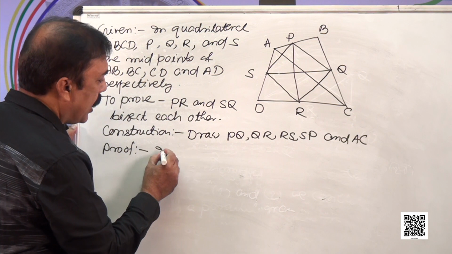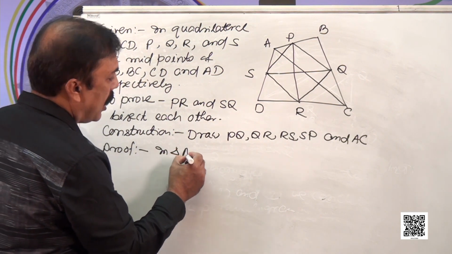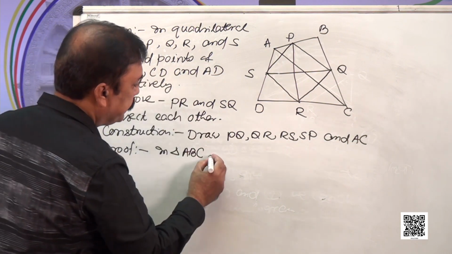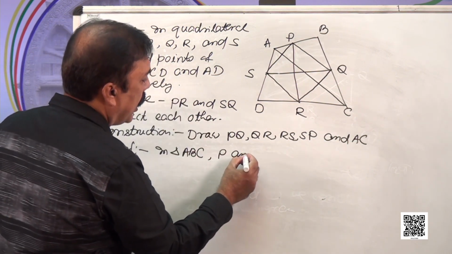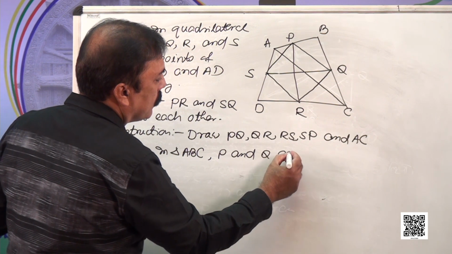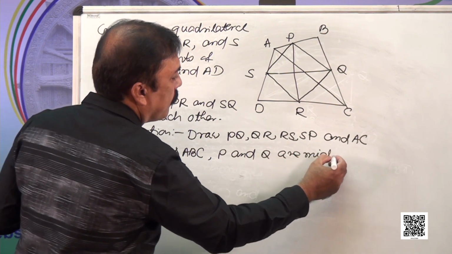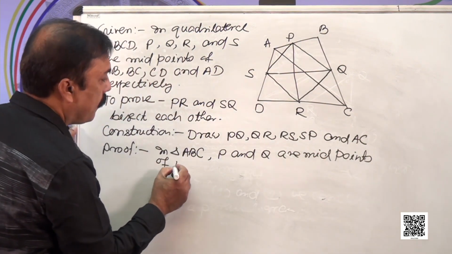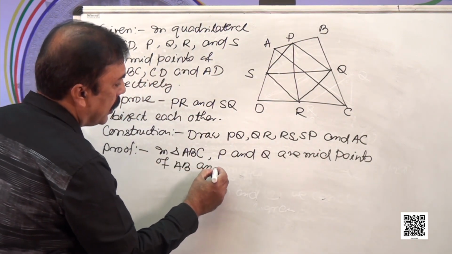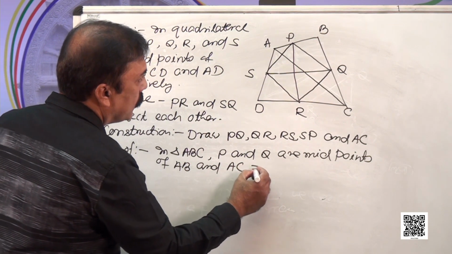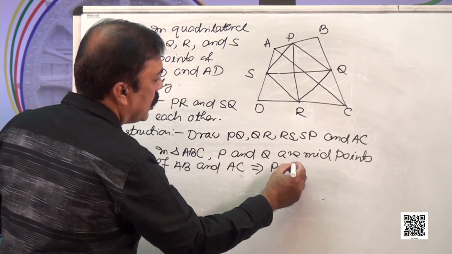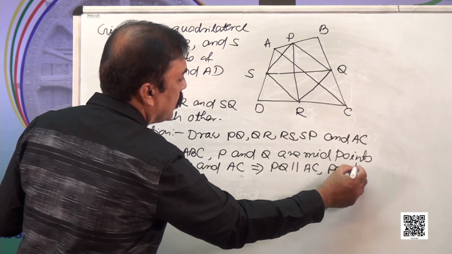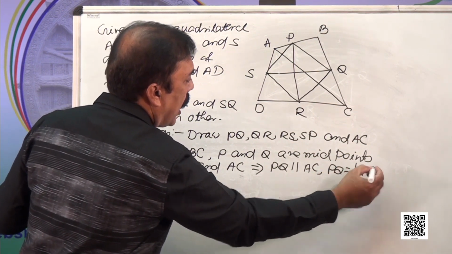You see, in triangle ABC, P and Q are midpoints of AB and BC, which shows PQ is parallel to AC and PQ is equal to half of AC.